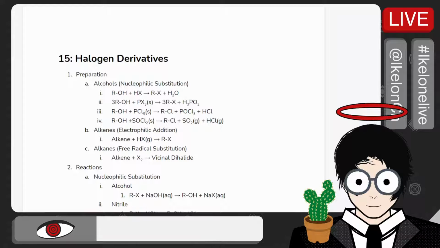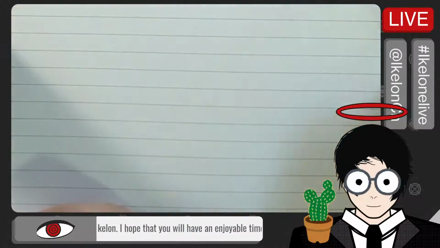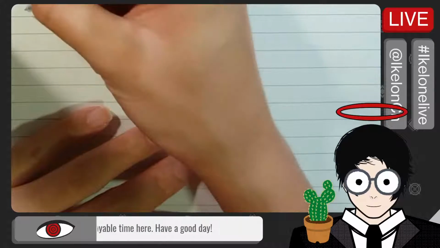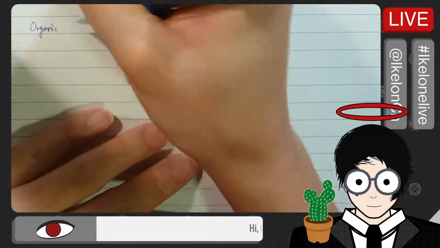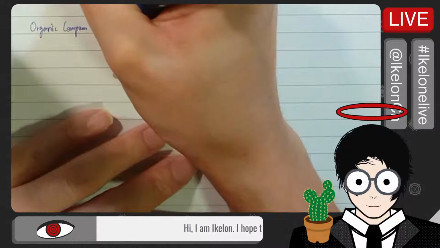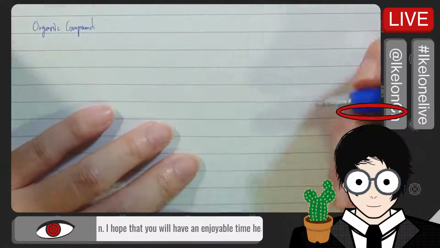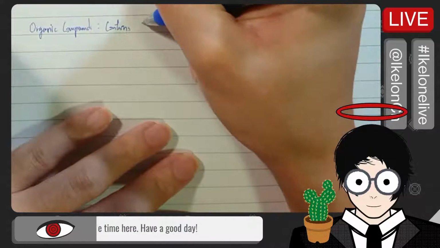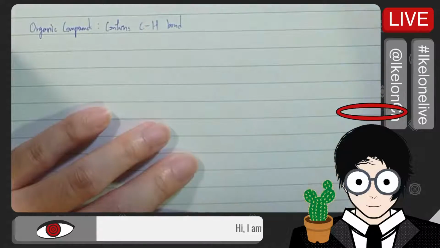Okay, you know what? Let me share my desk. Oh, look, that's me. Alright, here we go. Organic compounds are those that contain the C-H bond. Can you guys see that? Yeah, I think so. So that's the definition of an organic compound.